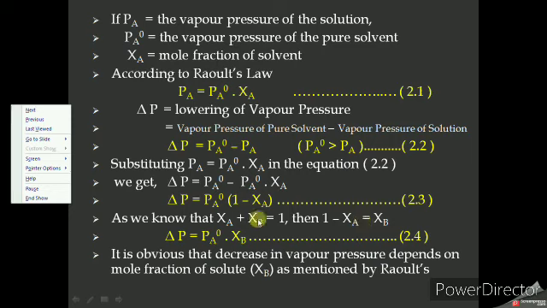So substituting the value of 1 minus Xa in 2.3, what do we get? Delta P is equal to Pa0 into Xb. So it is obvious that the decrease in vapor pressure depends on the mole fraction of the solute, and it was mentioned by Raoult.